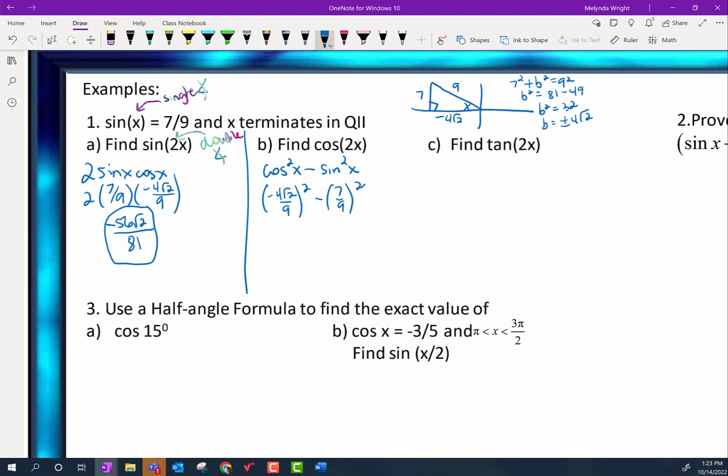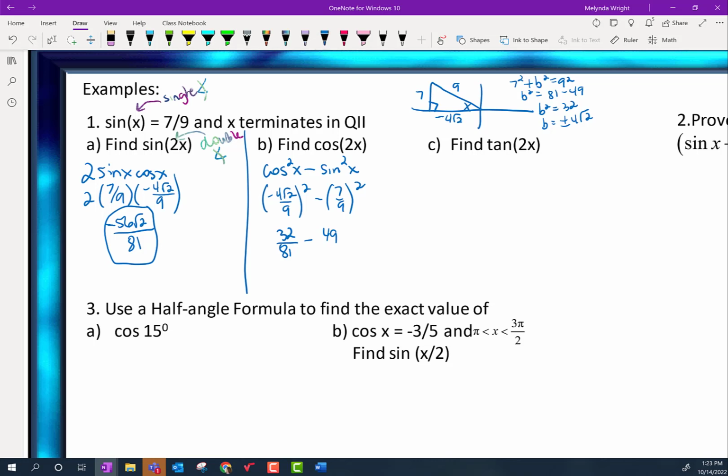So now it's a matter of arithmetic. Let's see. So negative 4 times negative 4 is 16. Root 2 times root 2 is 2. So 16 times 2 is 32. Then 9 times 9 is 81. Then 7 times 7 is 49.